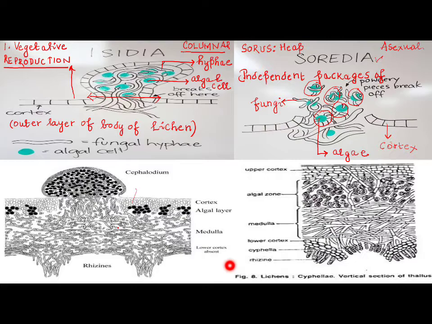On detachment, this would develop into a new lichen. Whereas Soredia, as the plural says, Soredium is the singular, are independent packages of algal cells with fungal hyphae. They heap up below the cortex and the cortex ruptures open to release these independent structures. This is asexual reproduction in lichens.